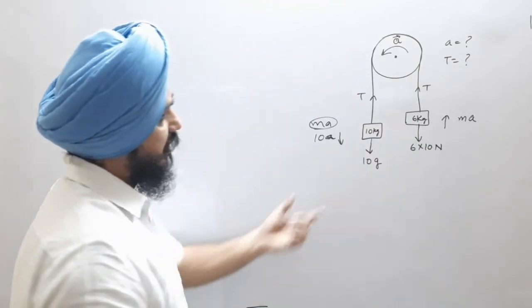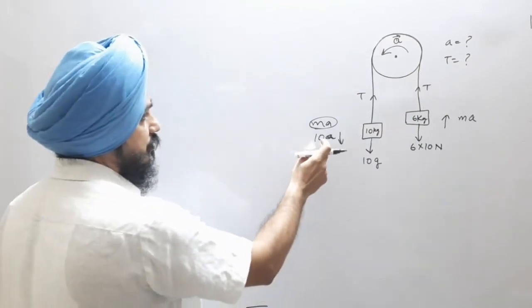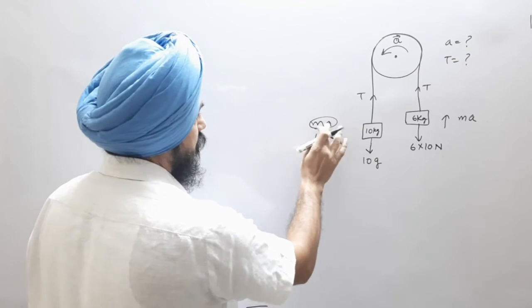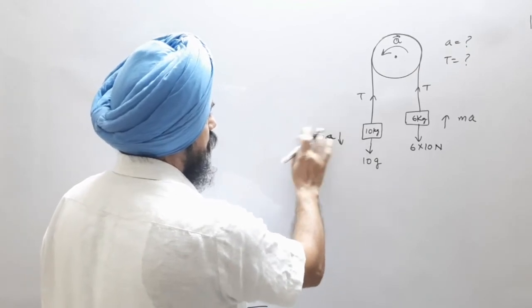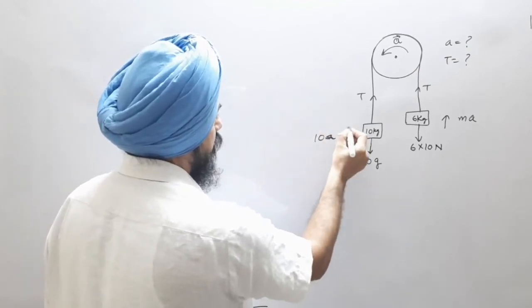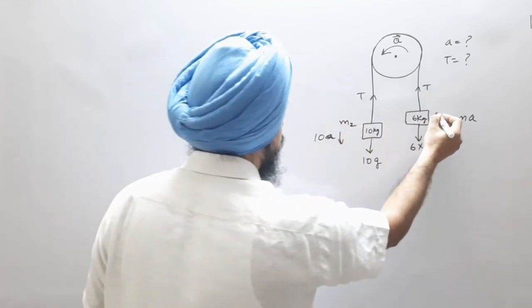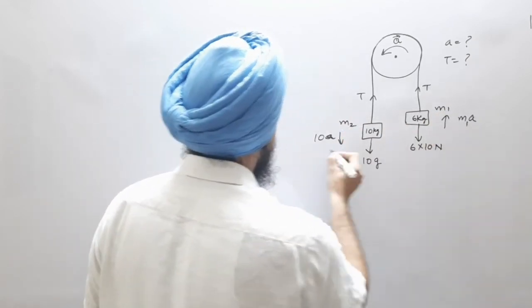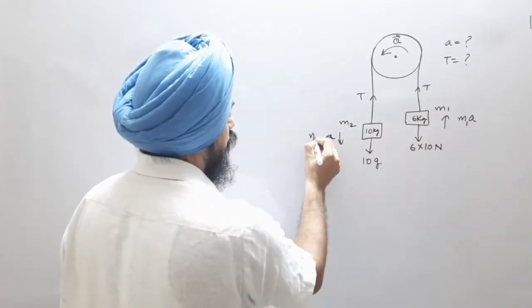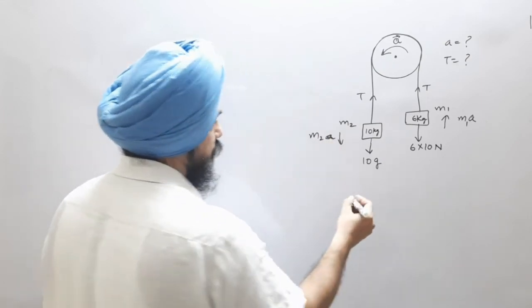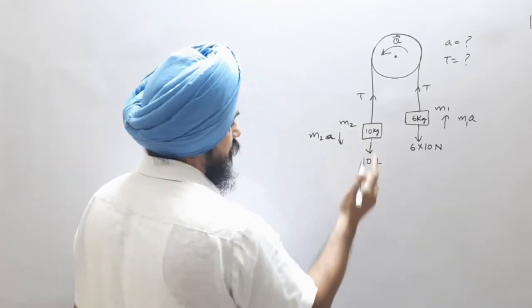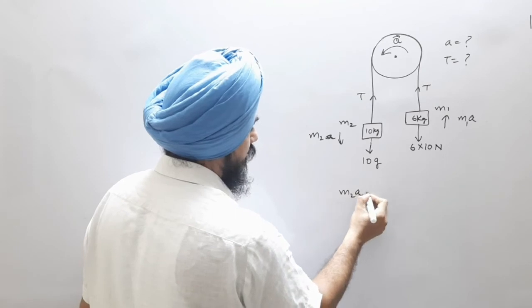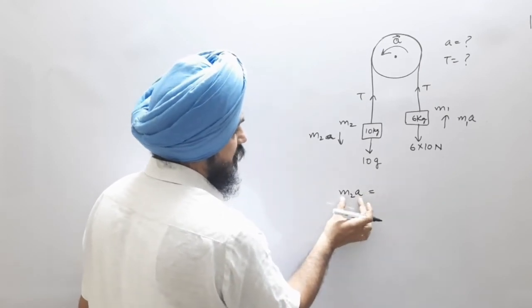So how will we calculate this? Let this block be M2, and let this one be M1. So here is M1A and here is M2A. Writing the equation of motion of this block, it will be M2A. How much will this M2A be?